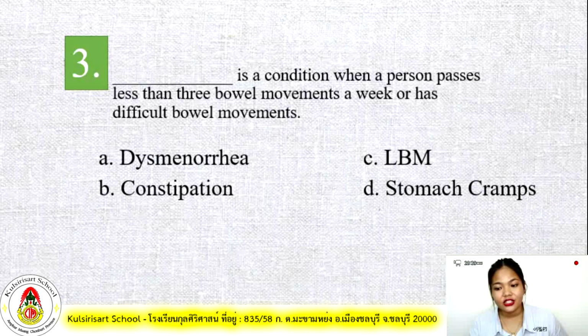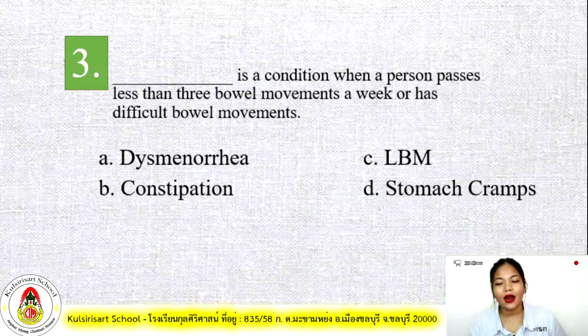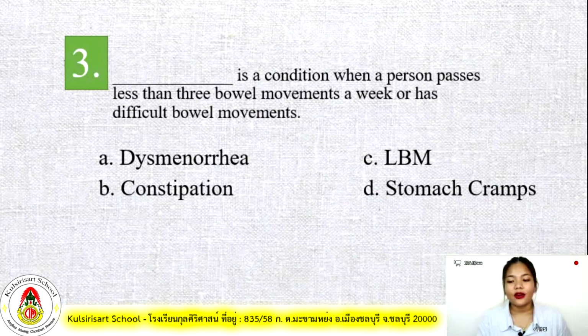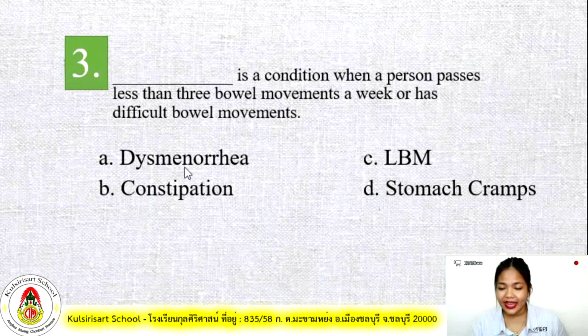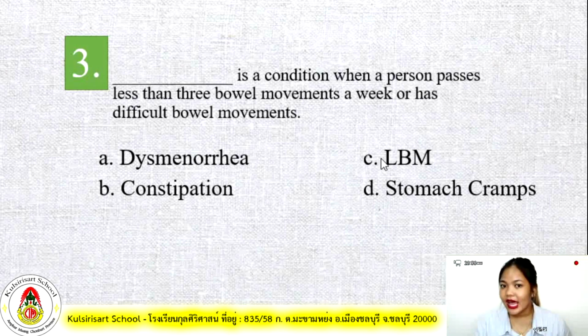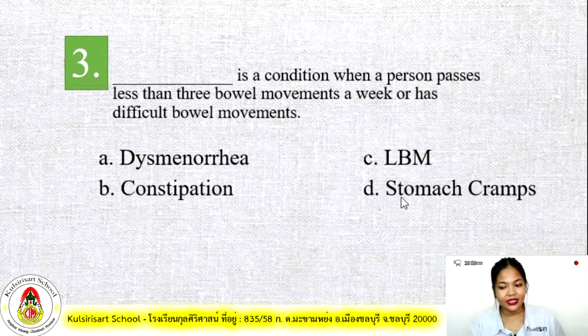Blank is a condition when a person passes less than 3 bowel movements a week or has difficult bowel movements. Is it letter A, dysmenorrhea, letter B, constipation, letter C, LBM, or letter D, stomach cramps? What do you think is the right answer?